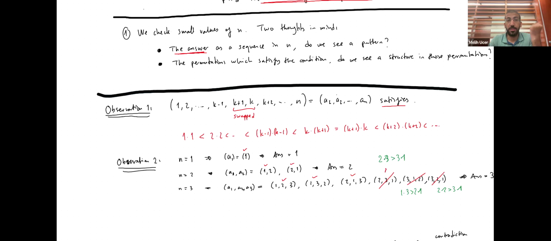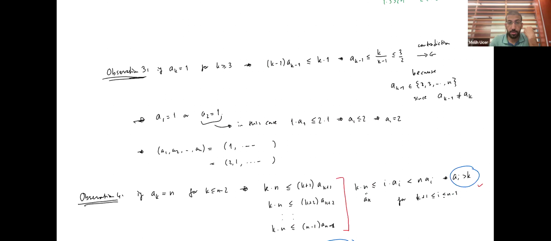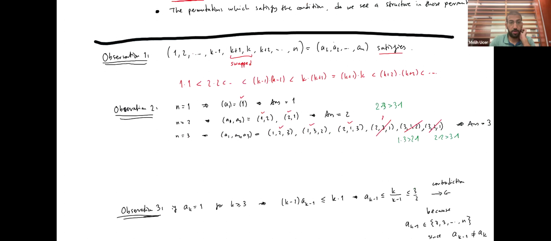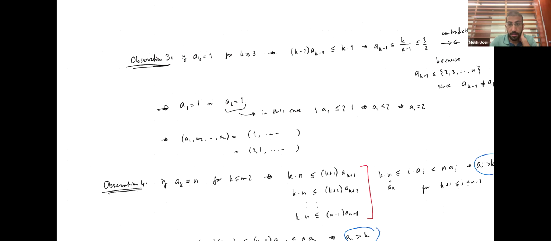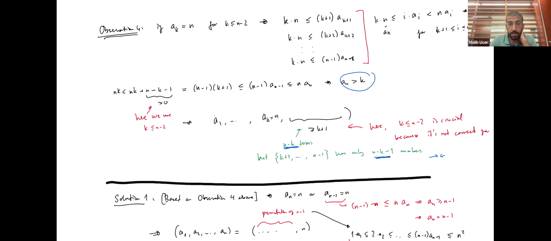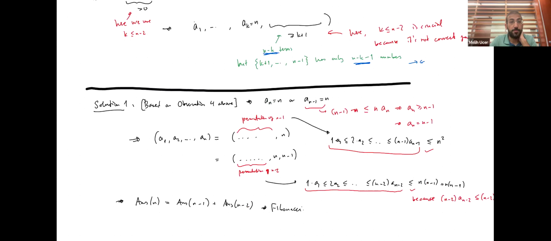But when we investigated the permutation, we found some observations about the structure, so that there are these three structural observations. So there is this one, but especially this one, which then led us to count.